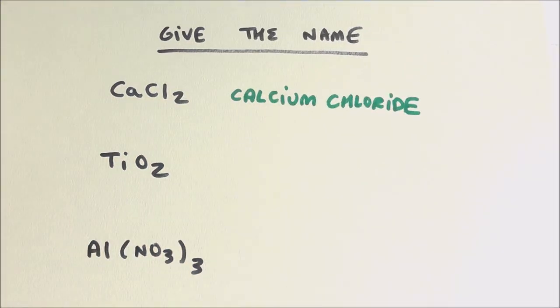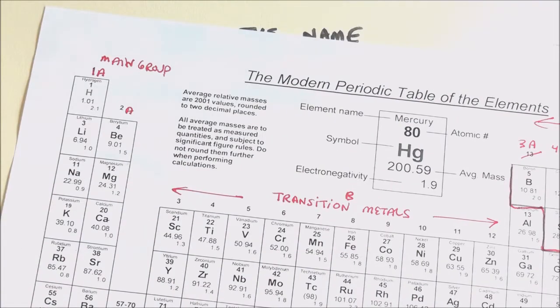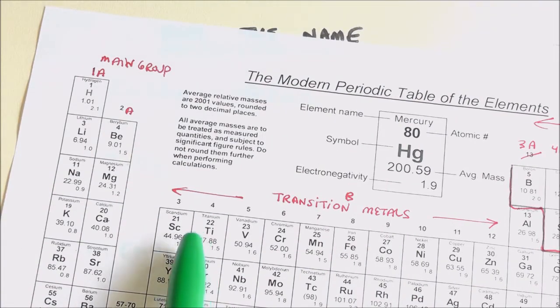That's it. Not calcium dichloride. You just threw a di in there for no reason. The reader knows that there's only one combination between calcium ion and chloride ion. Okay, now this one's trickier. That's titanium, a transition metal. There's titanium right there.